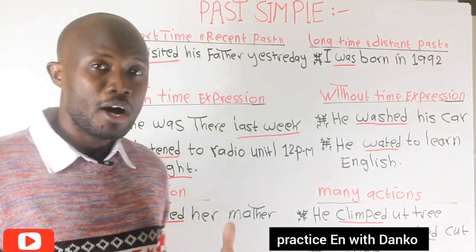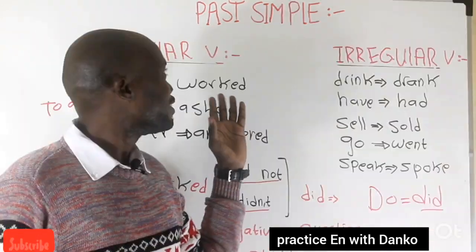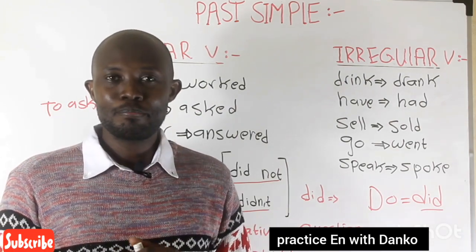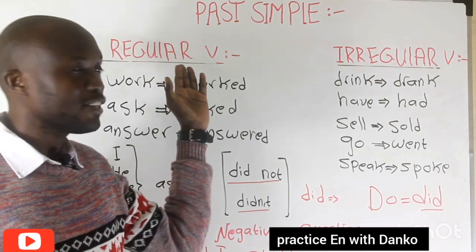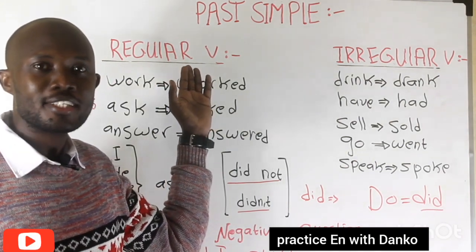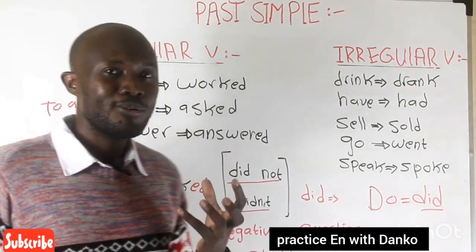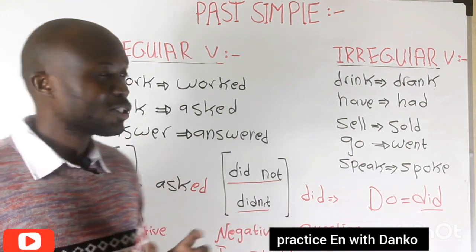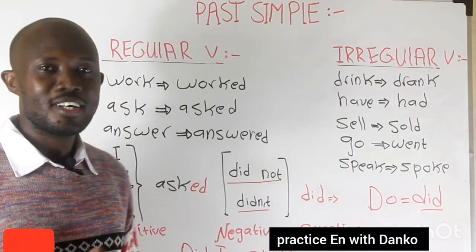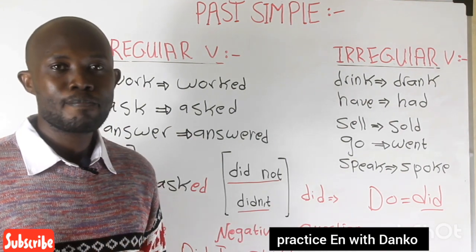So let's see what regular and irregular verbs are. We're going to talk about the two kinds of verbs. As you know, we have regular verbs and irregular verbs. Okay? So what is the difference between regular and irregular verbs? For regular verbs, as you know, we just simply add ed.